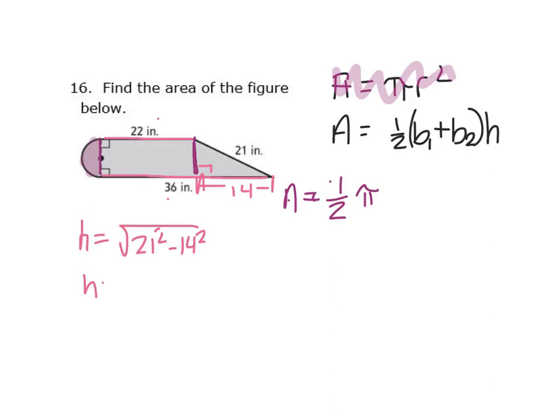Well, my height is going to be about 15.652. And then I need half of that to be my radius. So we have a radius of about 7.826.